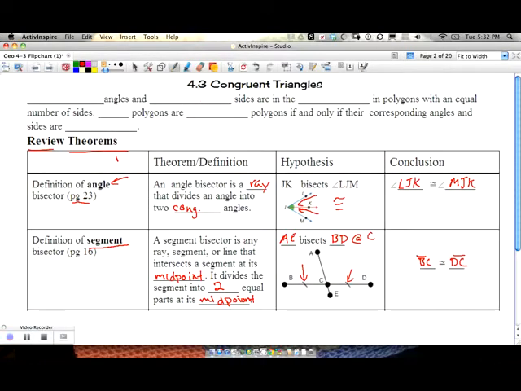So let's talk about summarizing some of this stuff and moving on into our next piece. We have congruent angles and congruent sides are the corresponding parts in polygons with an equal number of sides. So in other words, what we're talking about is the congruent pieces.